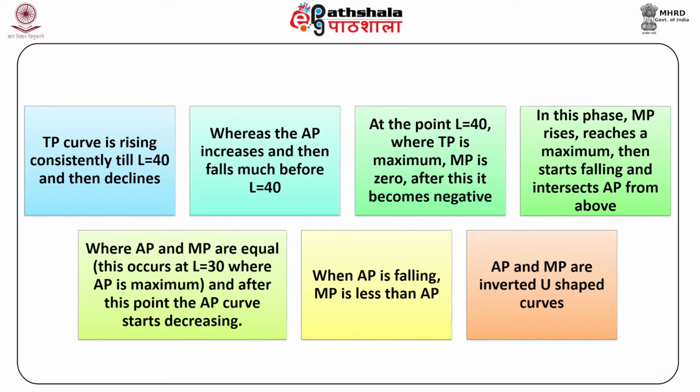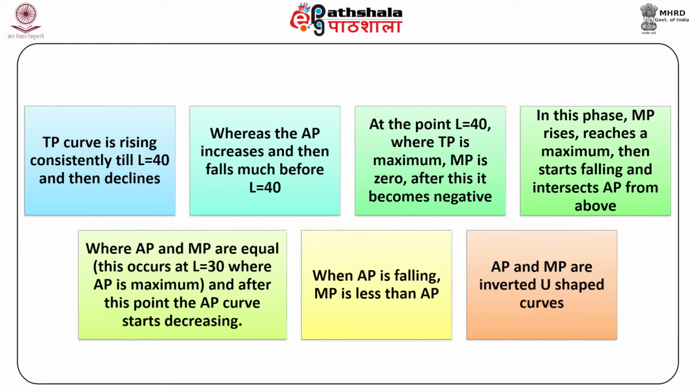A point comes where AP and MP are equal. This occurs at L = 30 where AP is maximum. And after this point, the AP curve starts decreasing. When AP is falling, MP is less than AP.